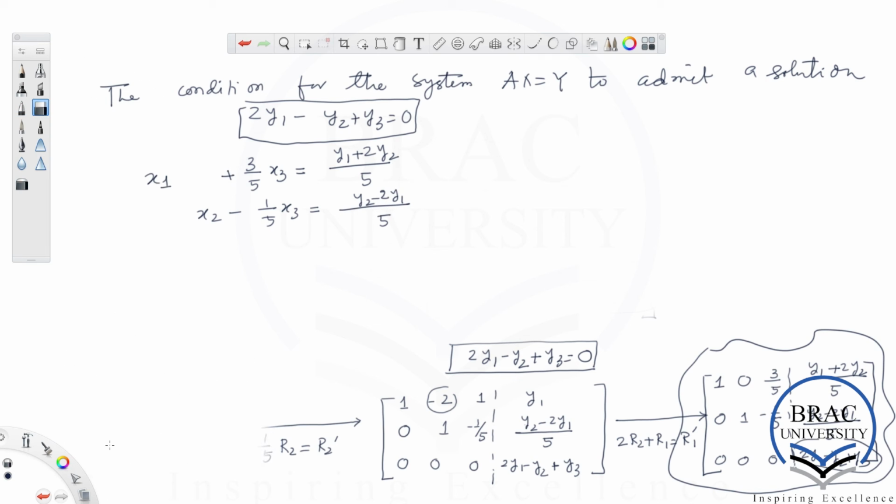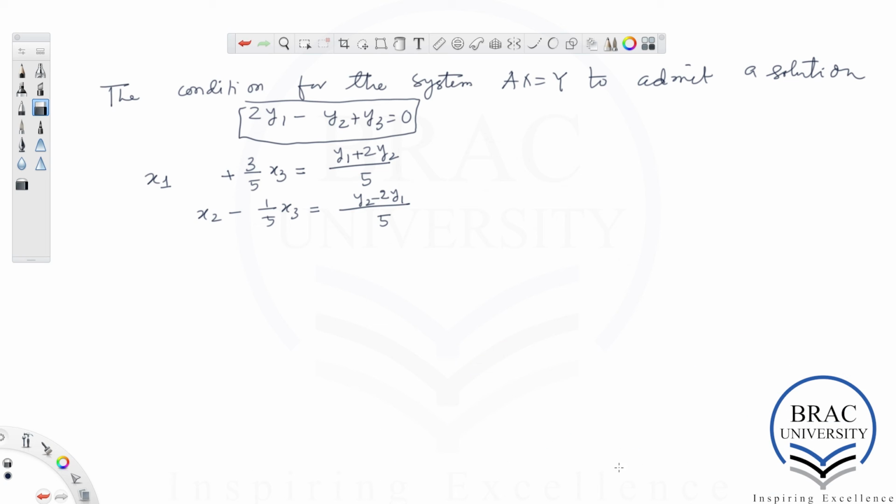There are two equations. There are three unknowns in total and two leading variables. So there is only one free variable, which is x3. Let us assign s, the scalar s, to this free variable x3.